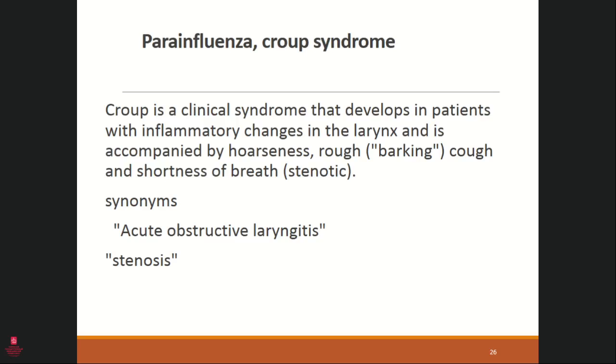Croup is a clinical syndrome that develops in patients with inflammatory changes in the larynx and is accompanied by hoarseness or barking cough and shortness of breath, stenotic. The clinical picture of parainfluenza is presented by croup syndrome, difficulty breathing on inhalation caused by laryngeal edema.